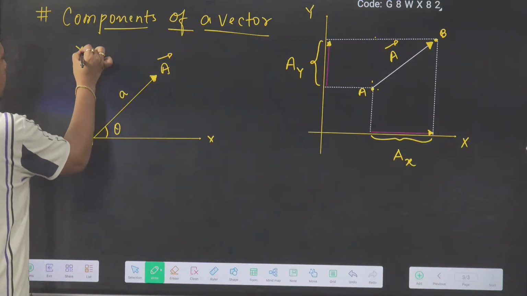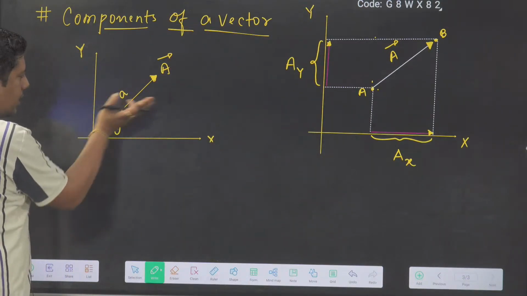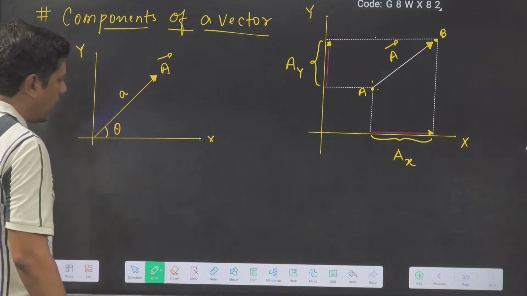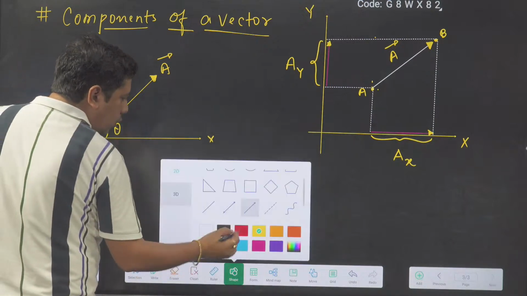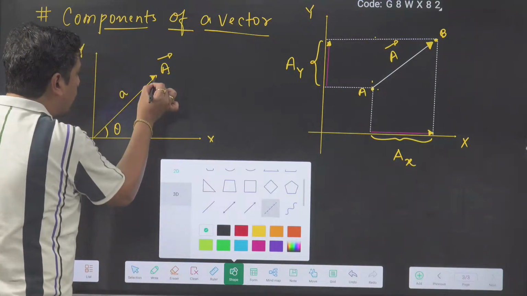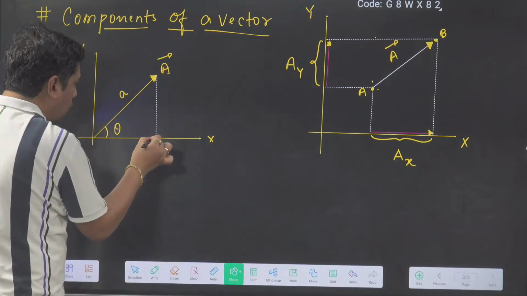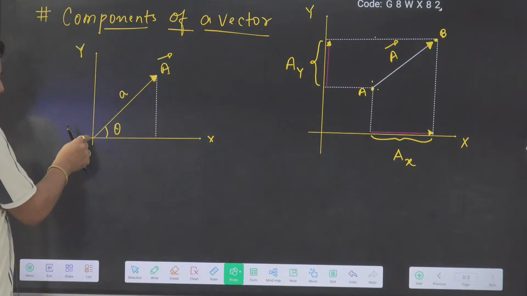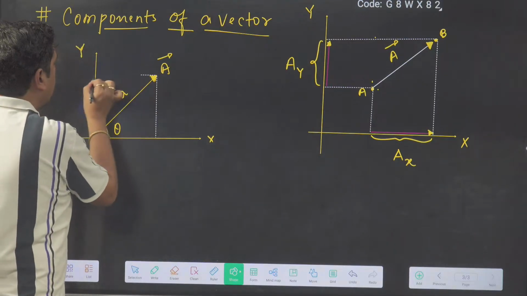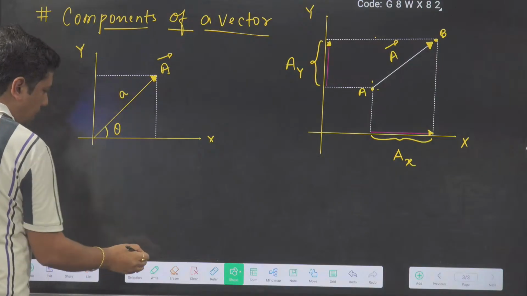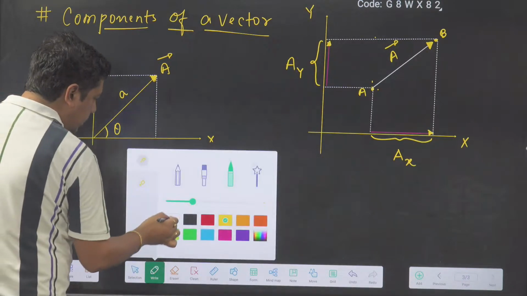It can make theta with the y-axis also, but let's say it is making an angle theta with the x-axis. Then, as I told you, drop perpendiculars from head and tail. The tail is here only, and here you drop the perpendicular. So in simple terms, you can write like this.